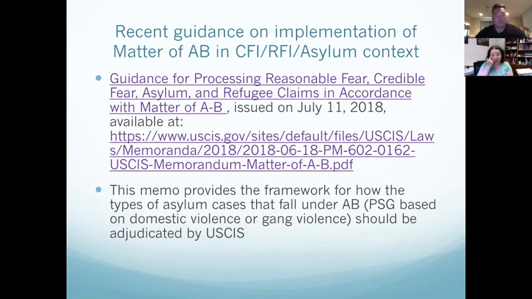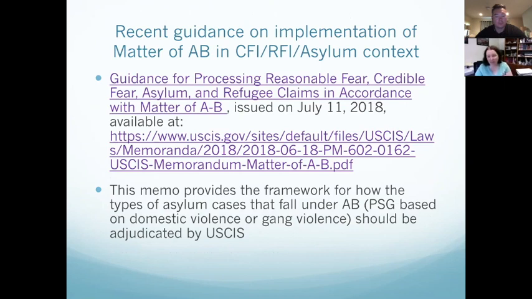What happened 2 days ago was that USCIS issued guidance on how officers should process reasonable fear, credible fear, asylum and refugee claims following the case that I talked about last time, Matter of A-B. I put the site to that guidance that was just issued.